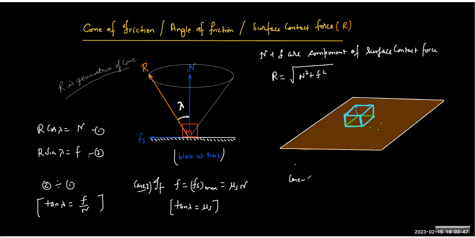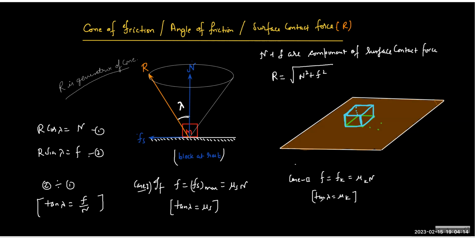And the case 2 is what? If F equals Fk, then this will become mu k into N. And in that case, the tan lambda becomes mu k. So in a way, tan lambda is a known value whenever the limiting force is acting.